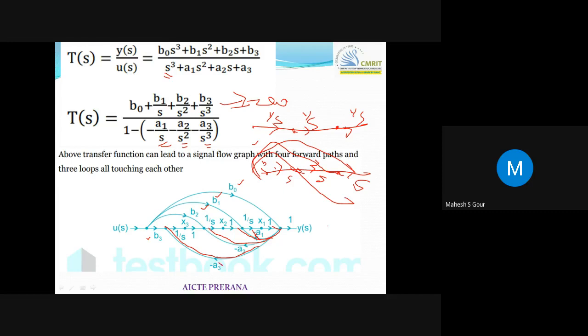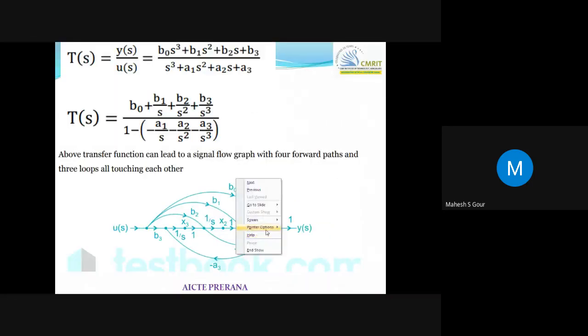See how a3 is getting multiplied thrice? Anyone has any answer for this? How is a3 getting multiplied by 1 by s cube? But here I have taken only 1 this way. So minus is clear, minus is here, so I have compensated with this minus.